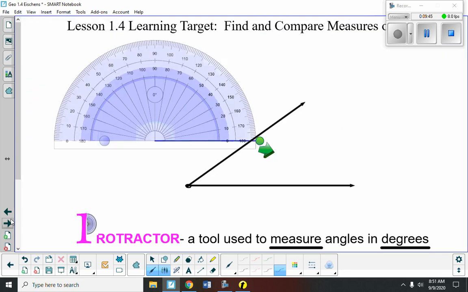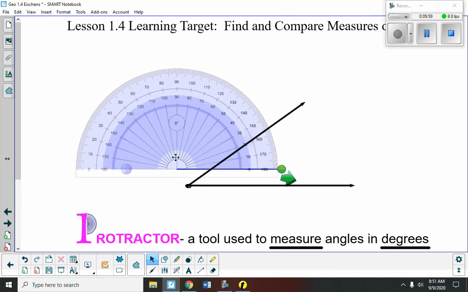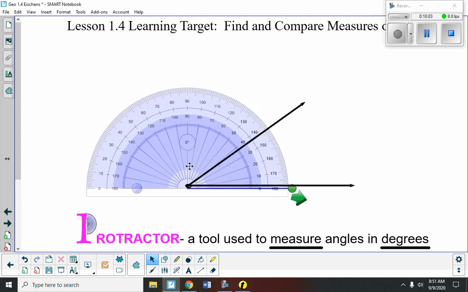All right, how do you measure an angle? Well, a protractor is a tool used to measure angles in degrees. And to measure an angle, let me see if I can get this to cooperate with me, this one doesn't always work the best, but we put this point right here on the vertex of the angle.